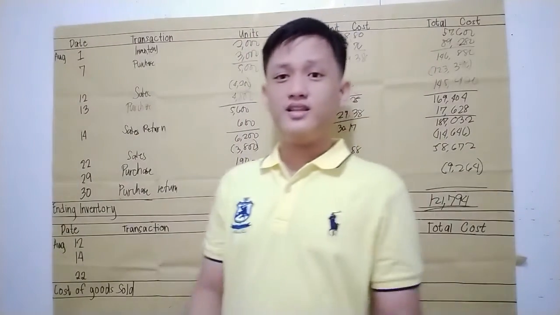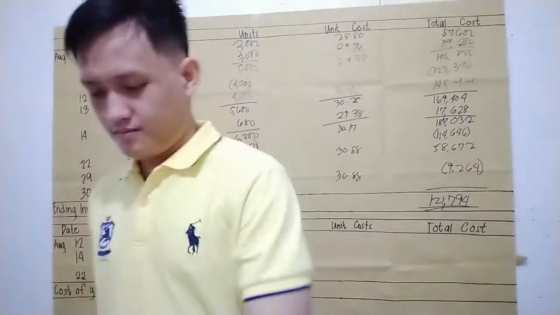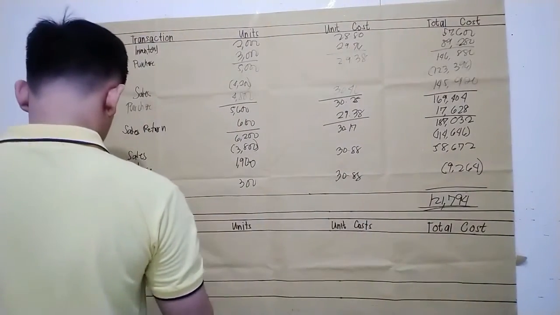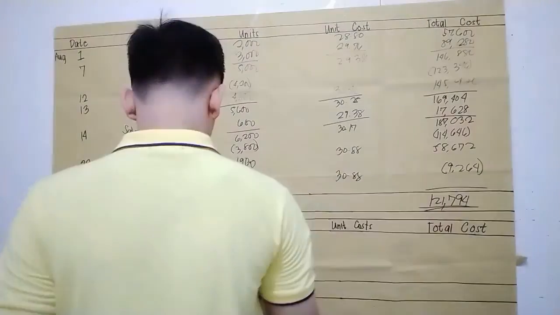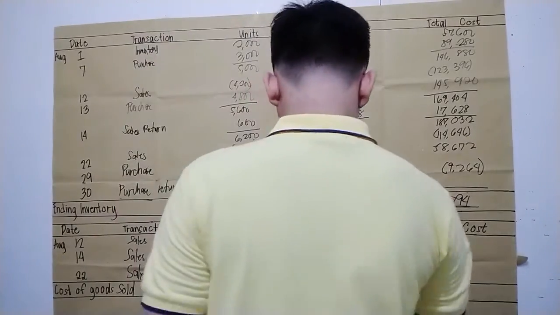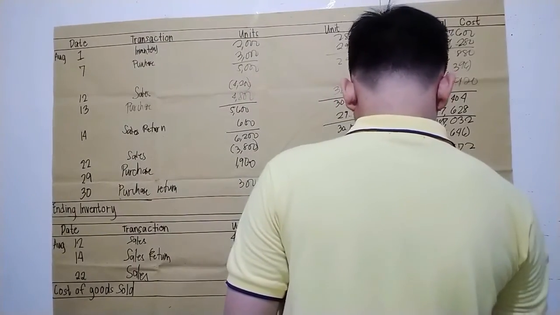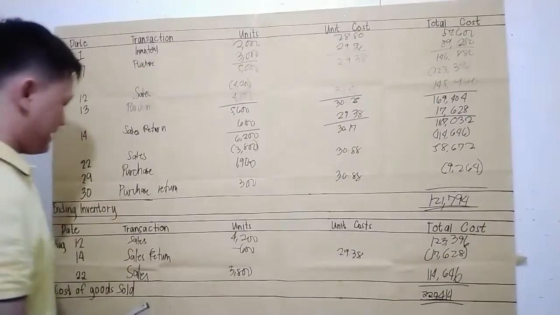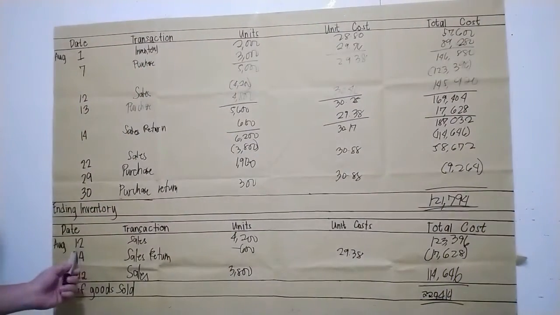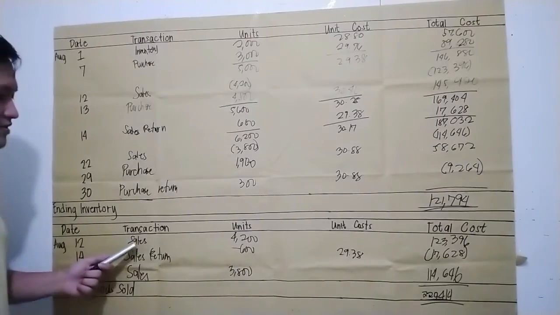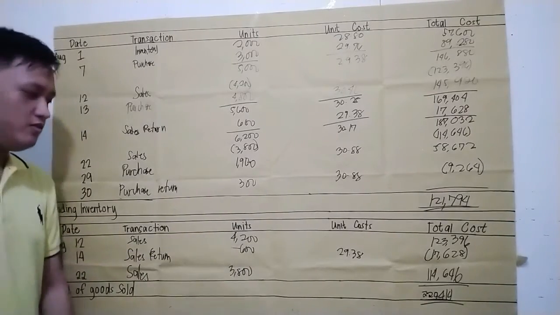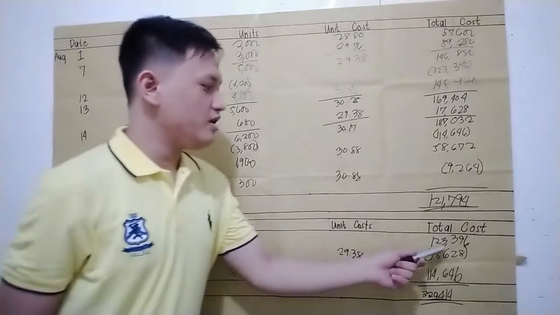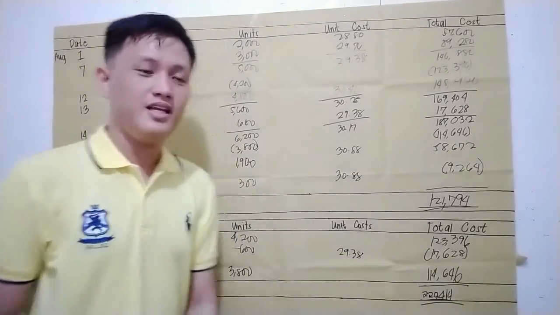Next is to get the cost of goods sold. So on August 12, we have a transaction of sales. Its units is 4,200. It has a total cost of 123,396.